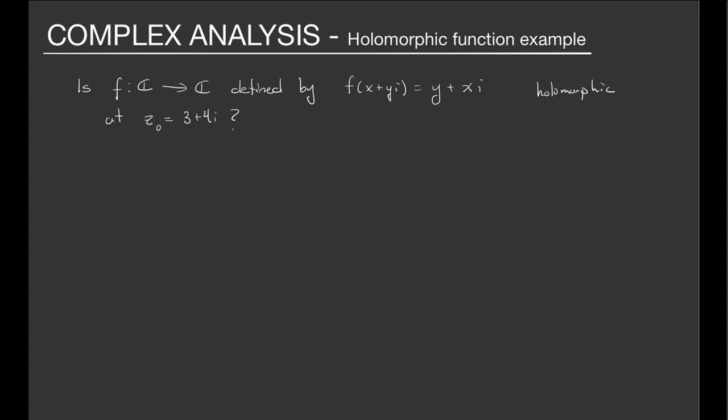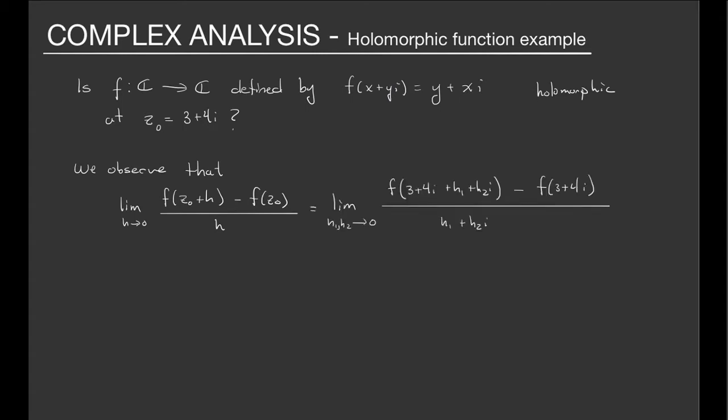Now, just based on the definition that we just saw, we can observe that the limit that we needed to find, whether it exists or not, we can write alternatively in the following way, where notice I've written h in its more general complex number form, where I split it into a real and imaginary part. The same is true here, where we have h1 plus h2i instead of just h. I substituted the specific z naught, which is 3 plus 4i.